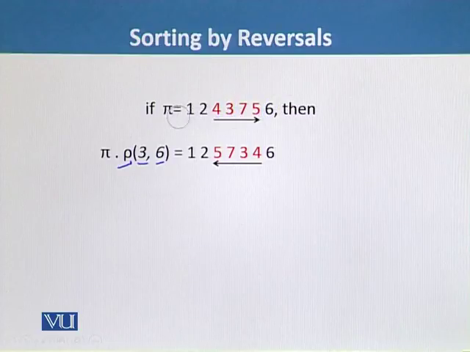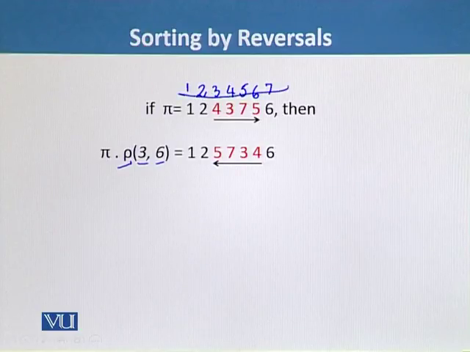It means the order of the integer. This is integer number 1, this is integer number 2, 4 is integer number 3, 3 is integer number 4, 7 is 5, 5 is 6, and 6 is 7. So this is the order of the integers we will consider.